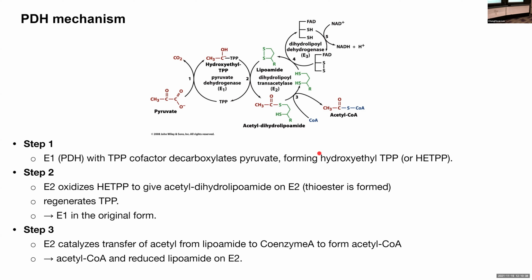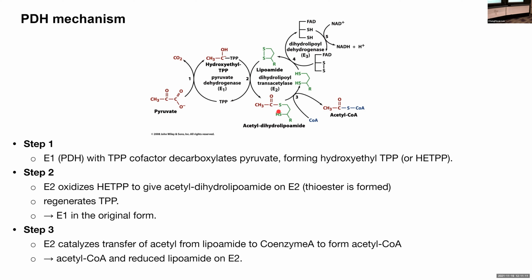dihydrolipoamide. When you look at its structure, E2 contains this lipoamide, which contains the disulfide bond, and this bond is broken, meaning that it gets the electrons there, so it's going to be reduced, right? And it's oxidizing its substrate, which is HETPP, and then it makes one bond here, a thioester bond, with this acetyl group that used to be attached to this TPP.